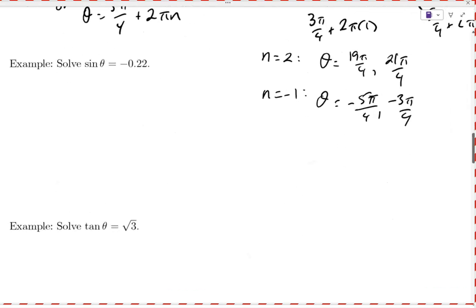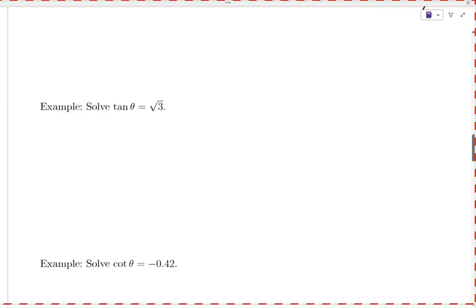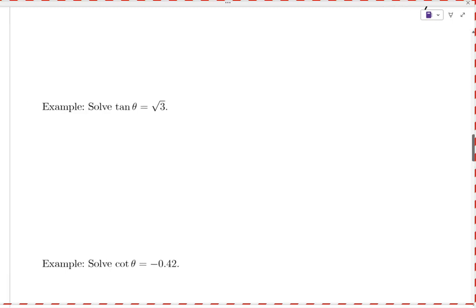We're being asked to solve, you know what, I'm going to skip over the next one for a second. Let's go down to the one with a tangent. Tangent equals root 3. Tangent's a little bit different. I'll jump back up to the previous one here in a second. This one just has the exact solution the previous one did.